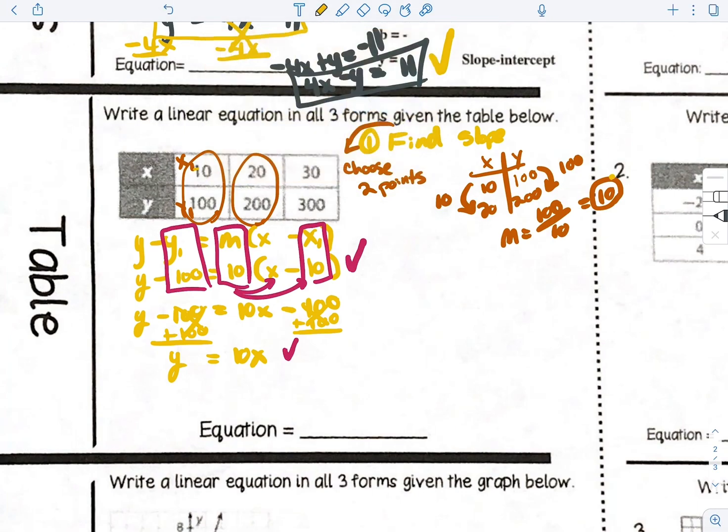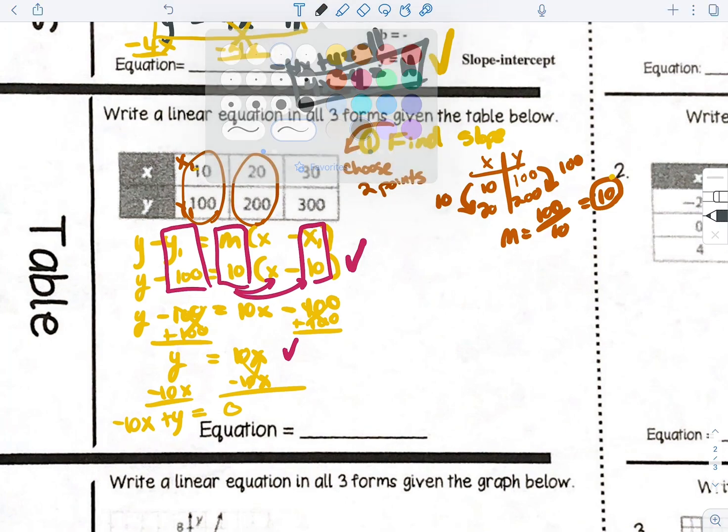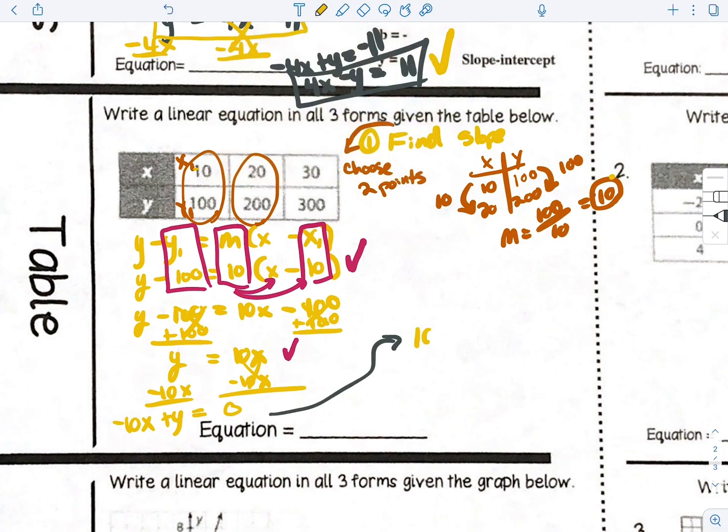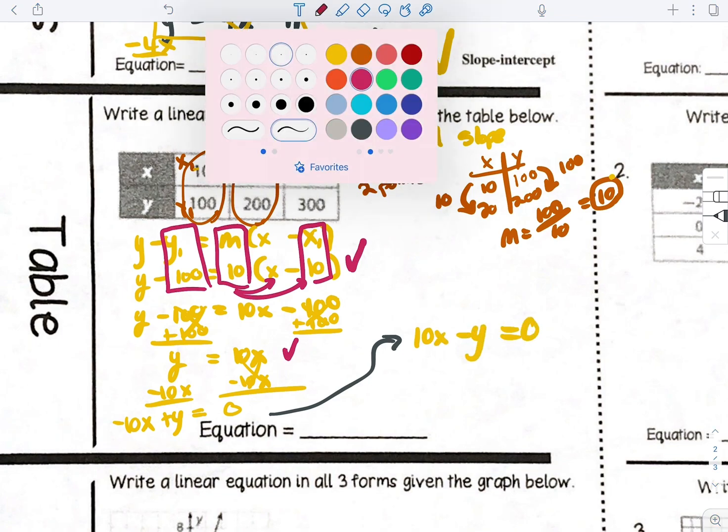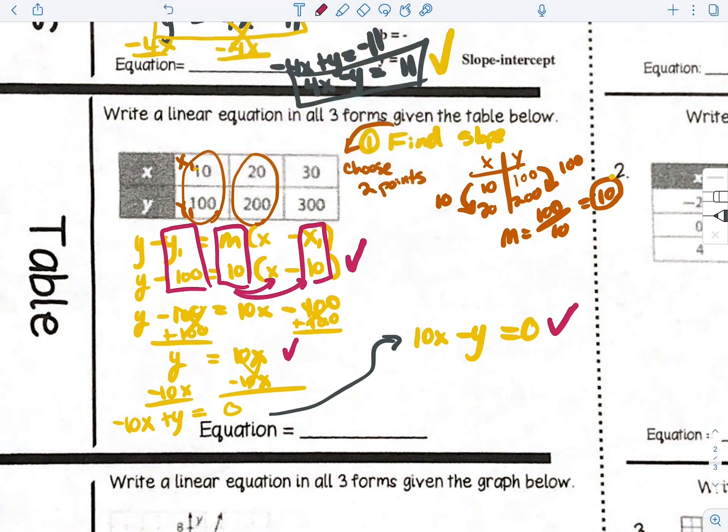And then from here, we subtract 10x from both sides. So that we're left with negative 10x plus y equals 0. We don't like to lead with a negative, so we're going to change the signs of everything. And we're able to do that because we multiply by -1, so that we're left with 10x minus y equals 0. And that's standard form.